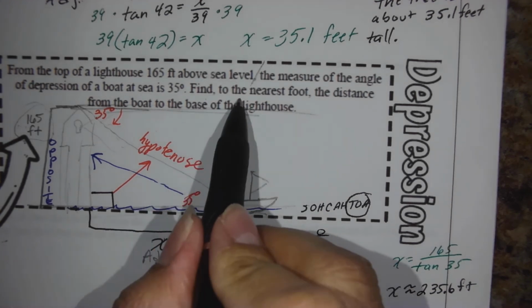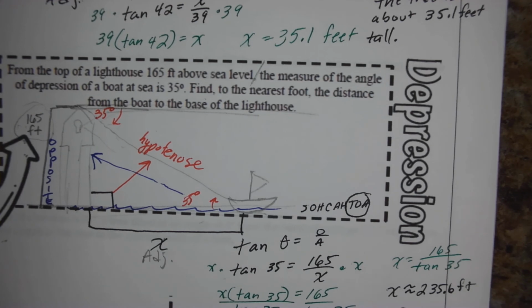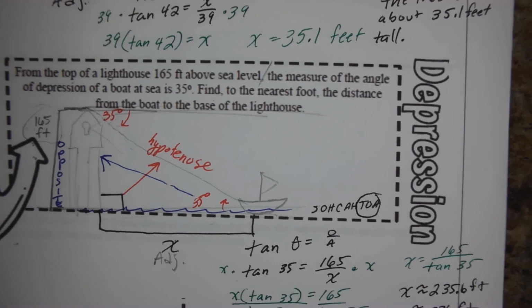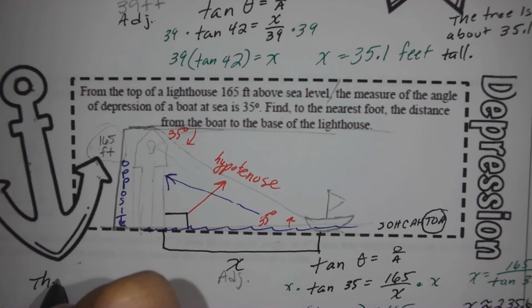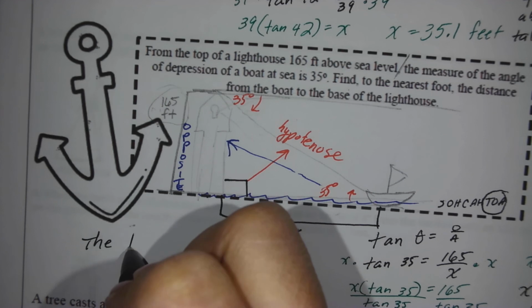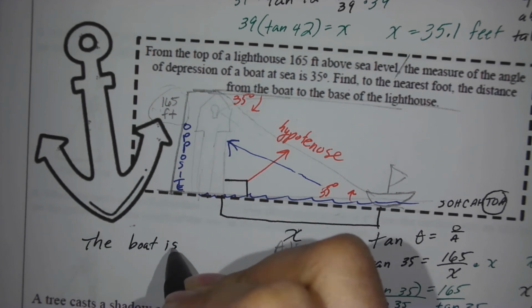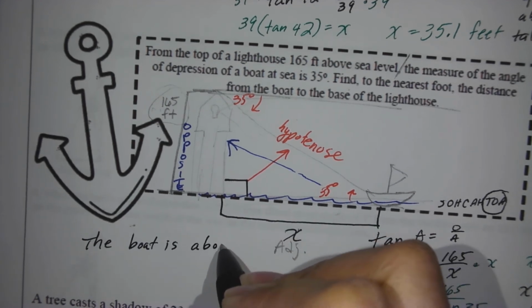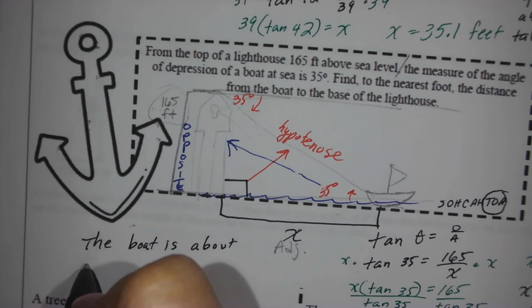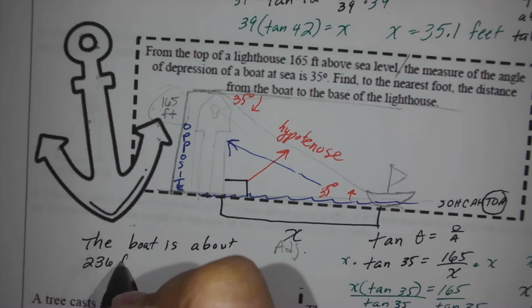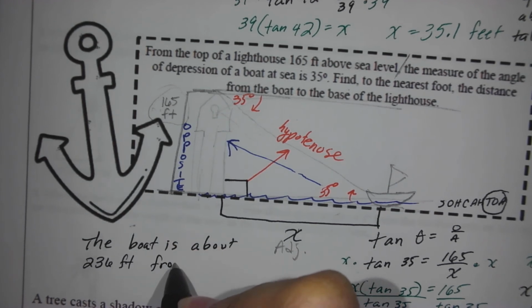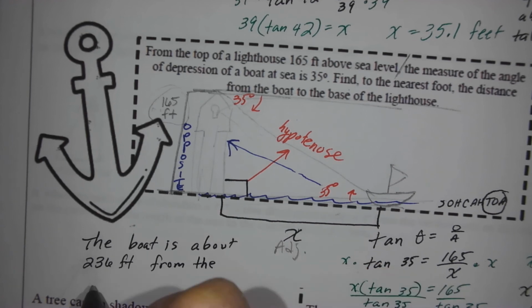Now it says find to the nearest foot, so that means this is further rounded to 236 feet. So the boat is about 236 feet from the base of the lighthouse.